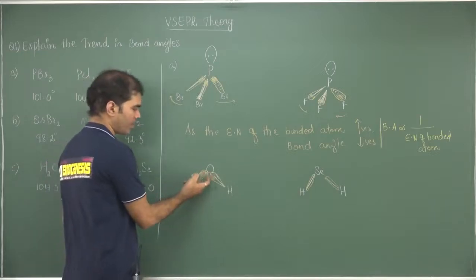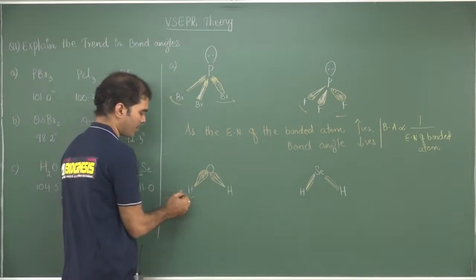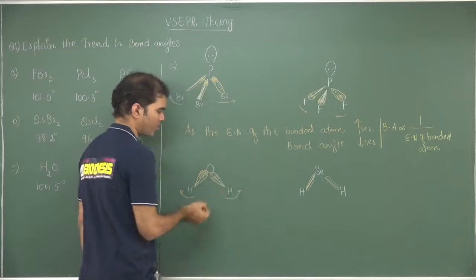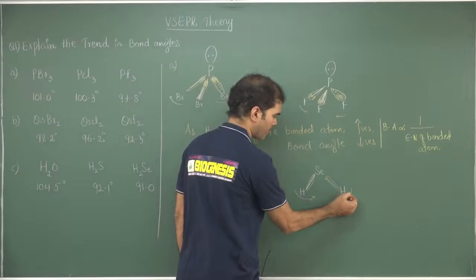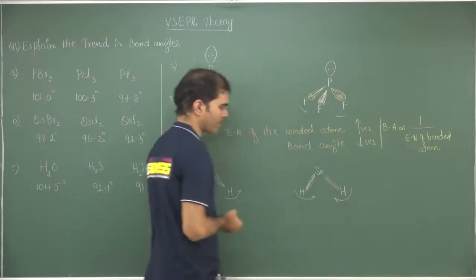Since there is more electron density, the bond pairs try to repel each other and move away from one another. In this case, there is less electron density around the central atom, so these hydrogens tend to move closer to one another.